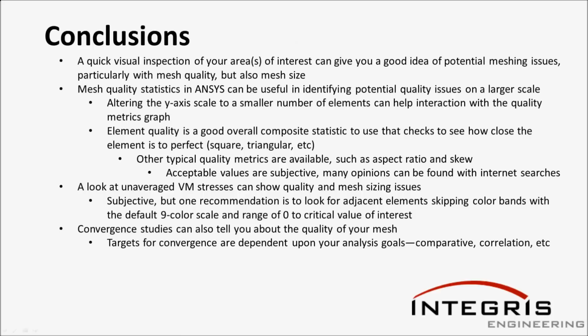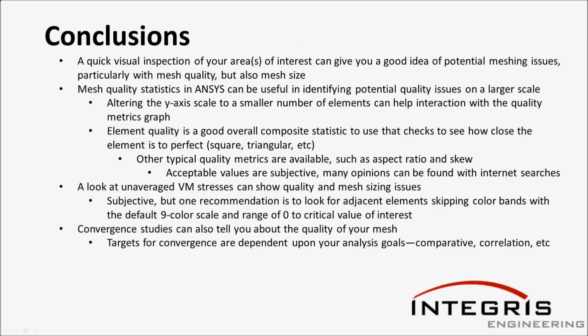Element quality is a good overall composite statistic to use that checks to see how close the element is to perfect, be it square, triangular, or some other shape. Other common quality metrics are available, such as aspect ratio and skew. Acceptable values are subjective, and many opinions can be found with internet searches.